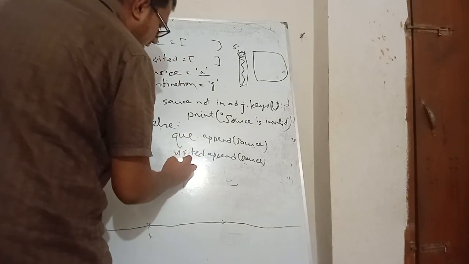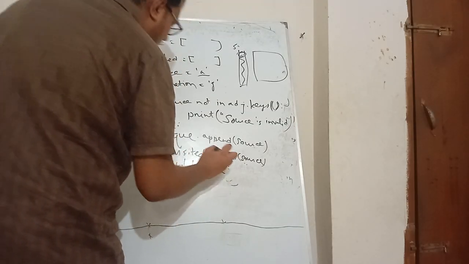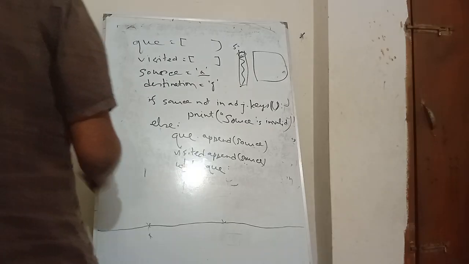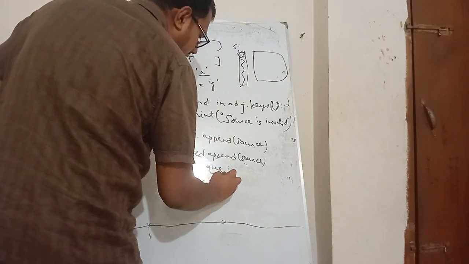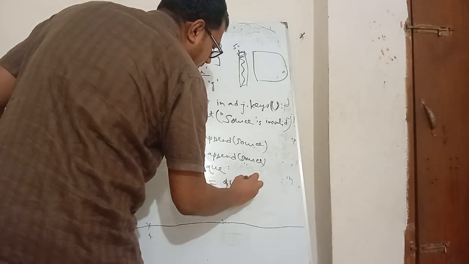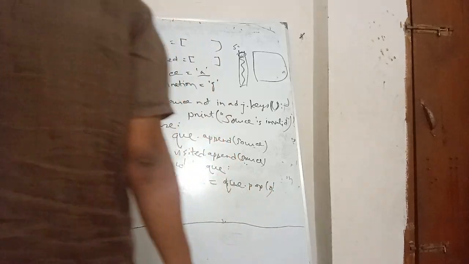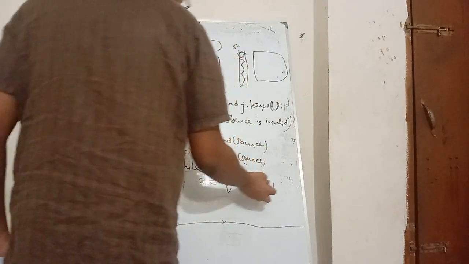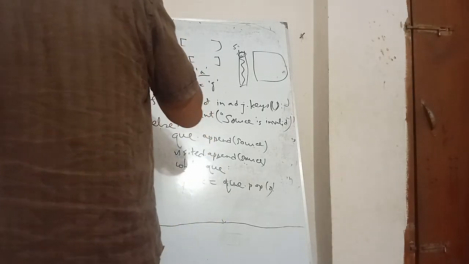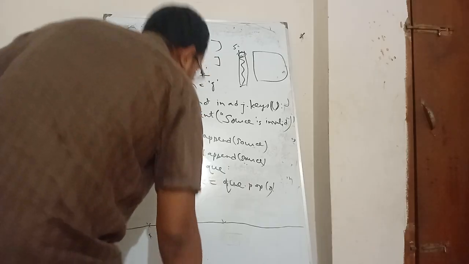Now while q is not empty, we pop from the q, x equals q.pop(0). That means we pop the first element, or 0th element, from the queue.